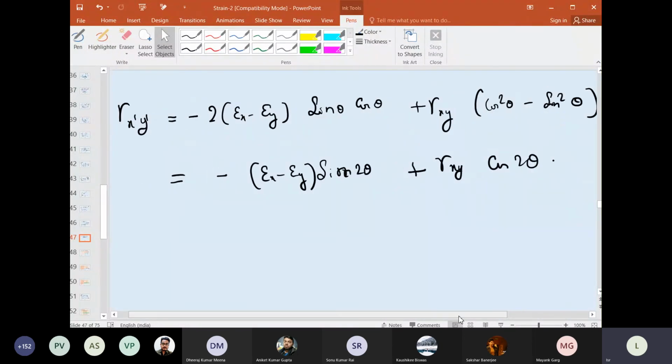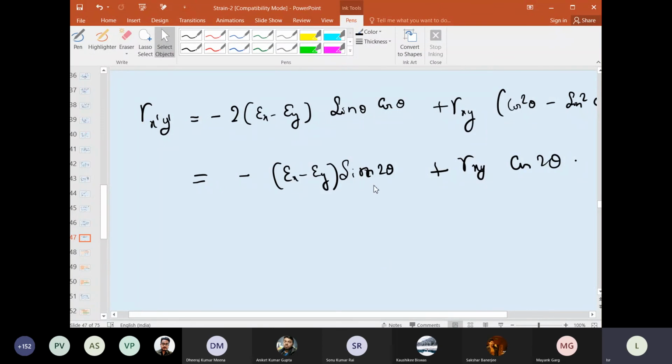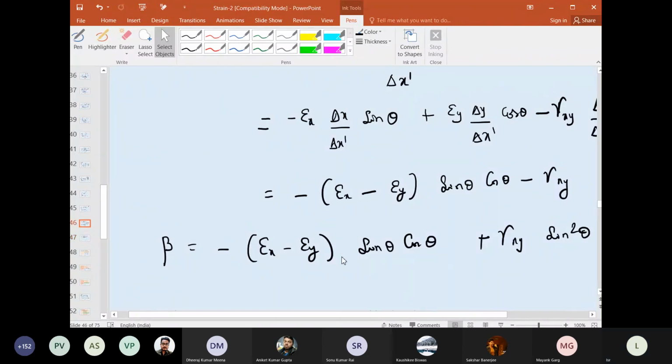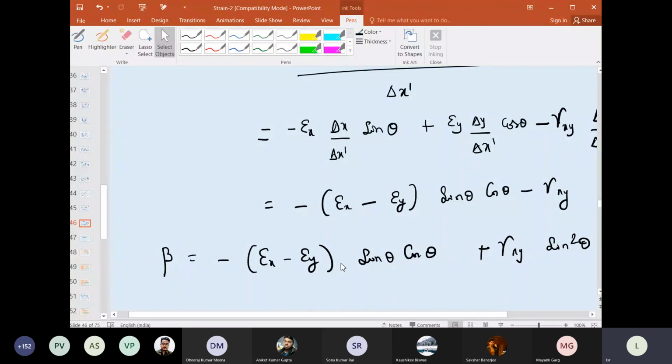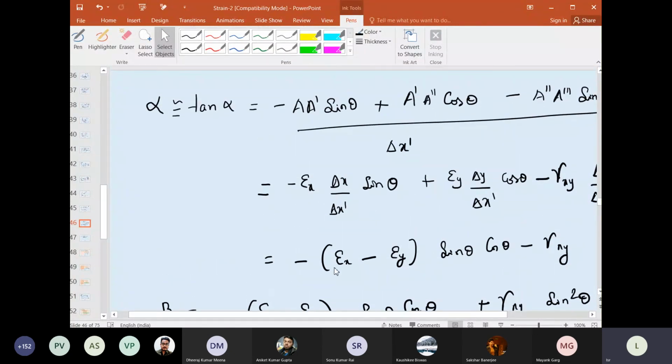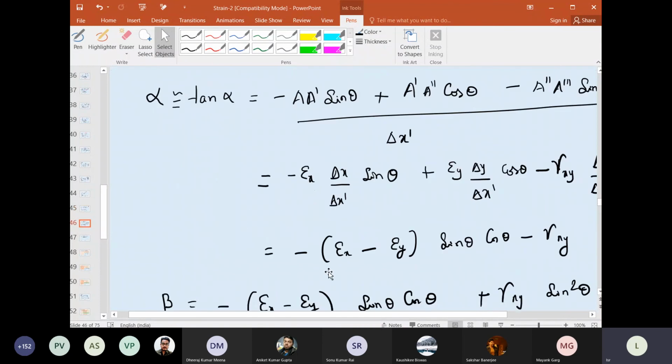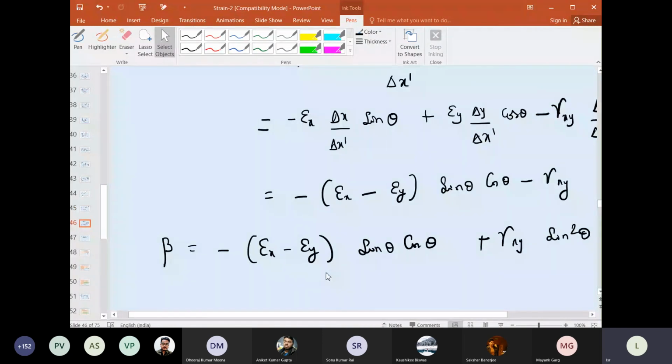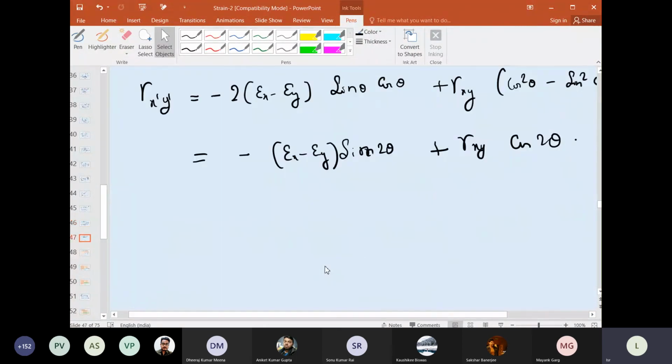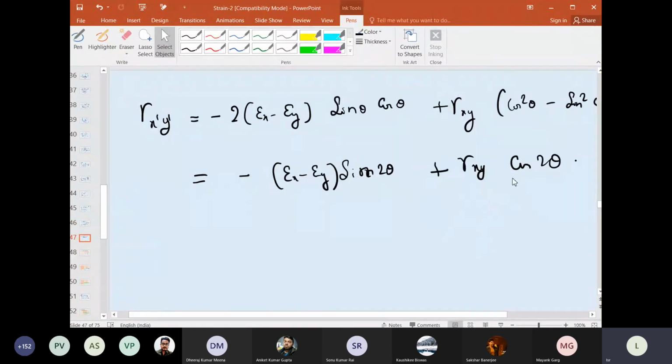So the rest of it is slightly different from the stress transformation. What is different? The equations are not exactly similar. Epsilon x is the same as sigma x, but alpha plus beta, the shear transformation equation, is slightly different.